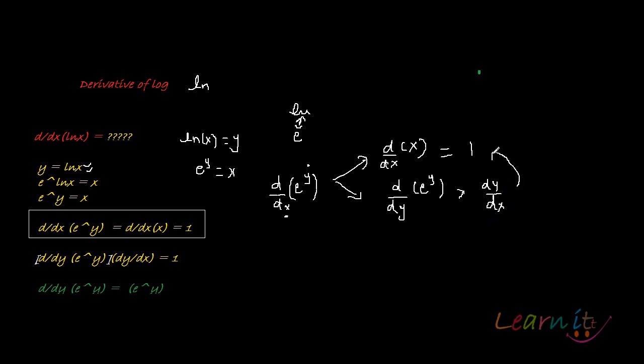And these two should definitely be equal to each other. So this should equal 1. That's what we have here: d by dy of e^y into dy by dx equals 1.